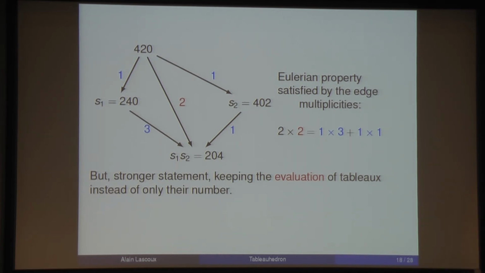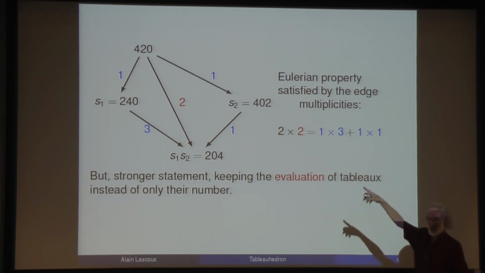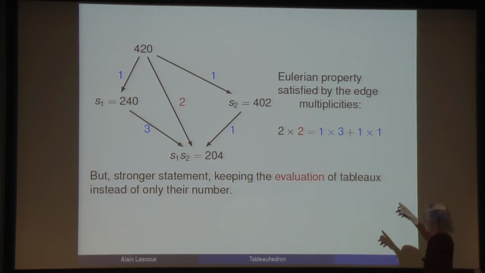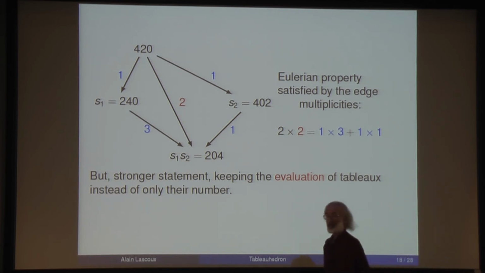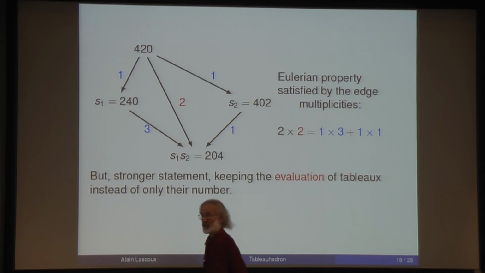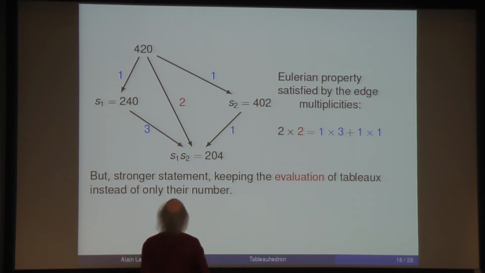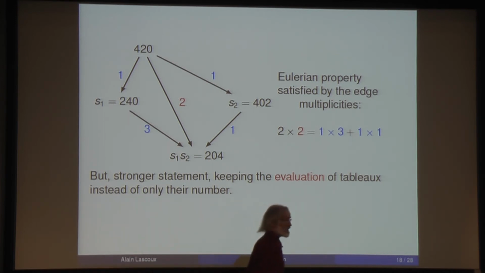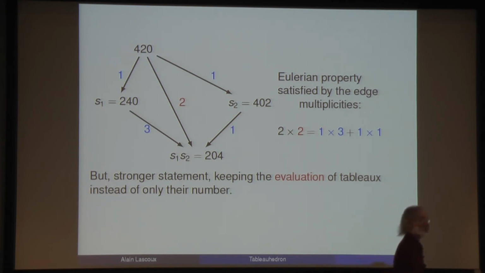And so what do I have here? I have the identity, 1, 1. If I look at the path, I have 1, 1. The other path will be 1, 3. So 1, 1 plus 1, 3 is equal to 2 times the number of tableaus which have left key 420 and right key 204. So I have the identity, which is the Eulerian identity.